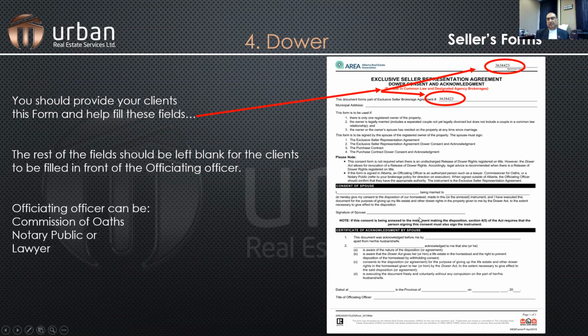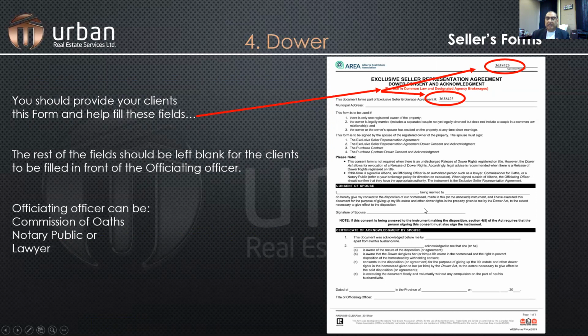I've seen this, like as a service, people go ahead and fill this thing. No. I'll give you an example. Even if they go in front of the lawyer as a husband and wife or spouses, the lawyer will send one person out of the office to take the consent of the other spouse.